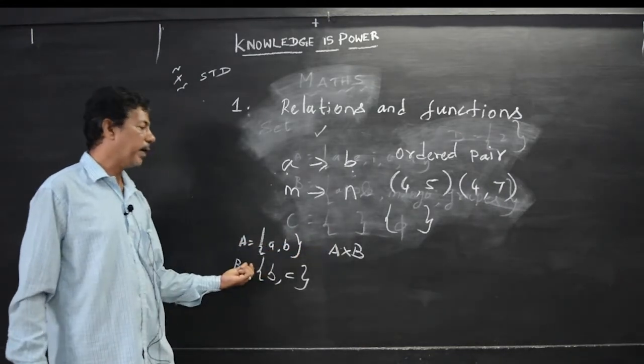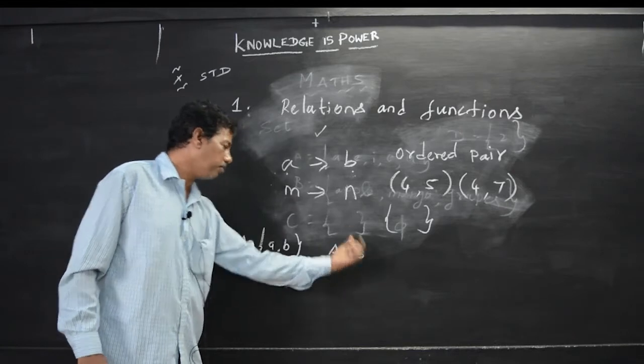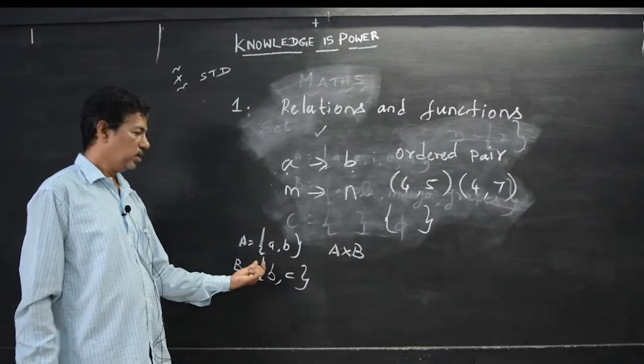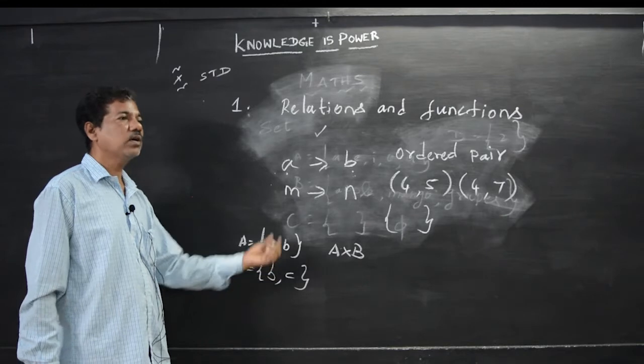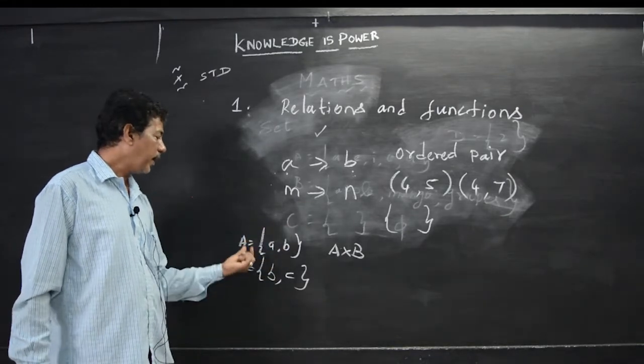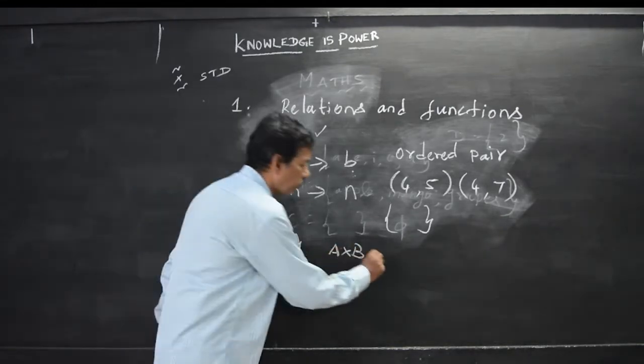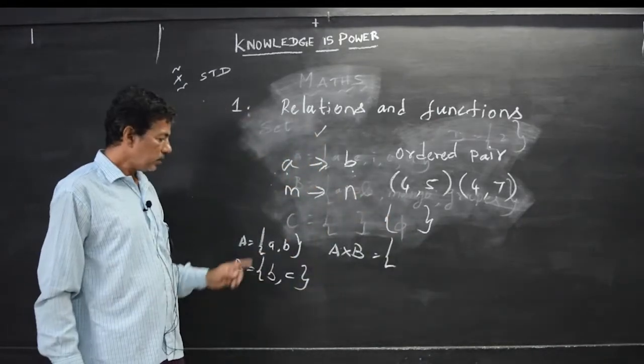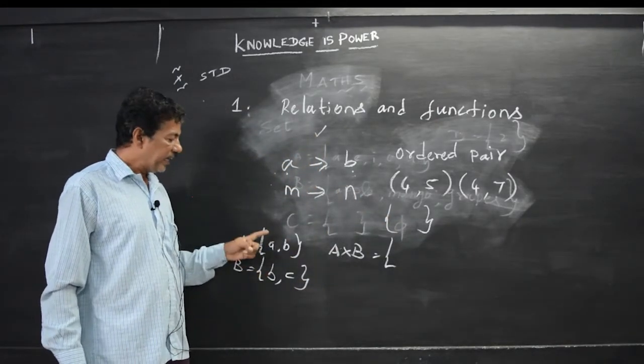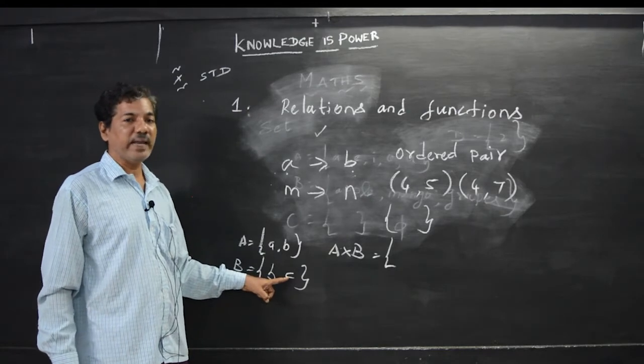Or simple example I am giving that A cross B based on this question. It is not in the textbook, generally I am giving that. How we can write that from this A cross B? So put the set bracket here. A with B, A with C first you have to make.